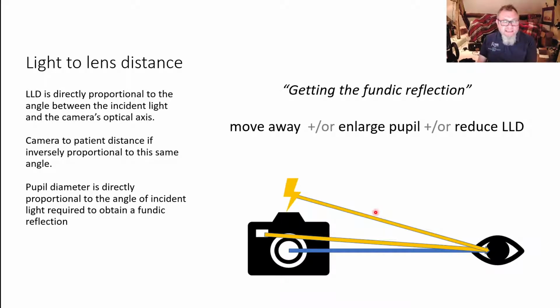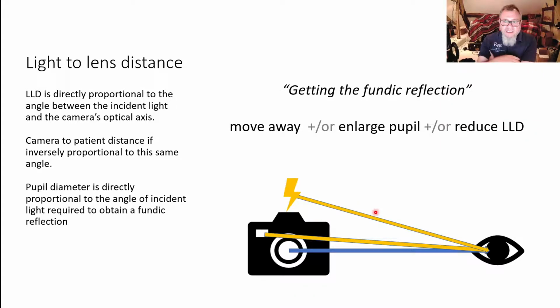So in order to get a good fundic reflection, the important thing is to have the incident light, the light we're going to use to get the reflection, as close as possible to our visual axis. In ophthalmoscopy we do that by using a little mirror, looking through a very small observing hole.